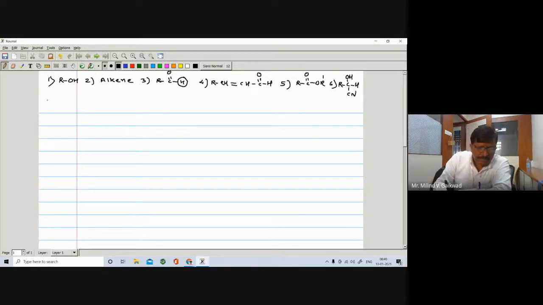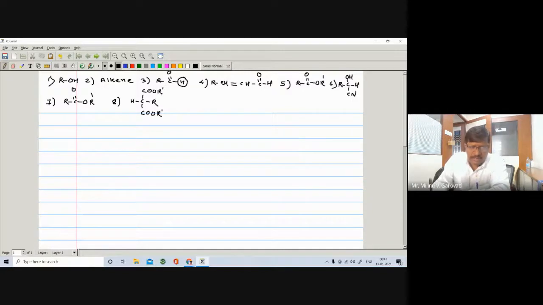Number 7, retrosynthesis of malonic ester, there is a H, there is a C, you add R on malonic ester. So same thing we can write COOR, here is R or R dash.